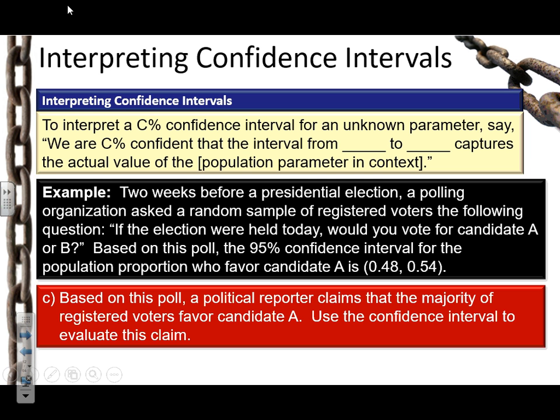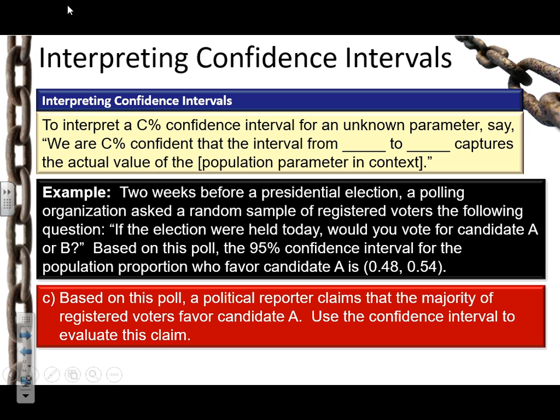Okay? Now, what if this reporter had claimed that more than 45% of people support candidate A? Now we can logically make that assumption because our interval is entirely above the 45% cutoff.